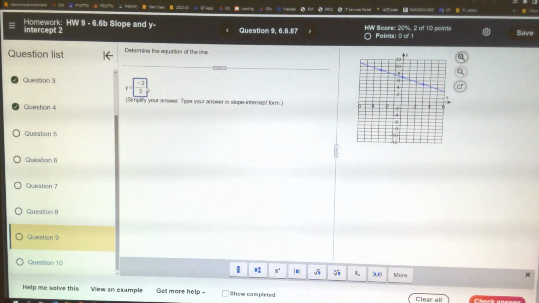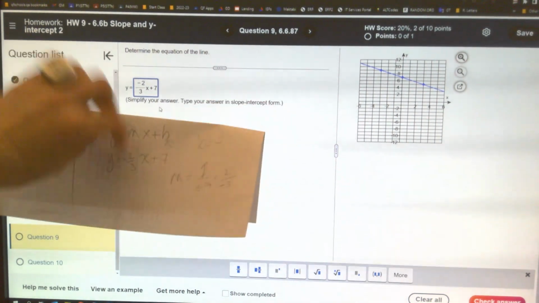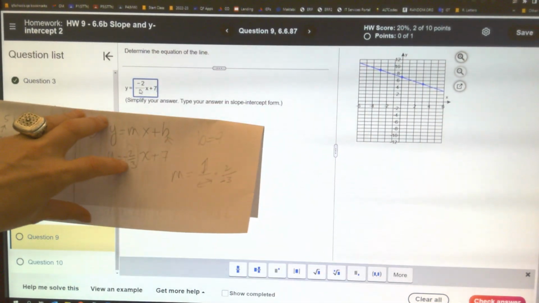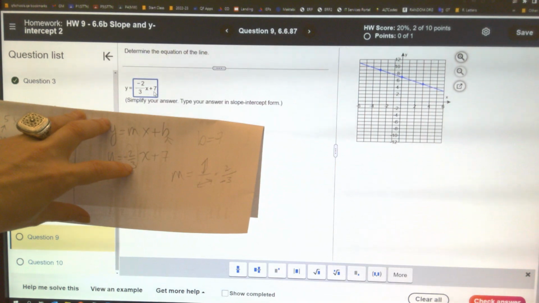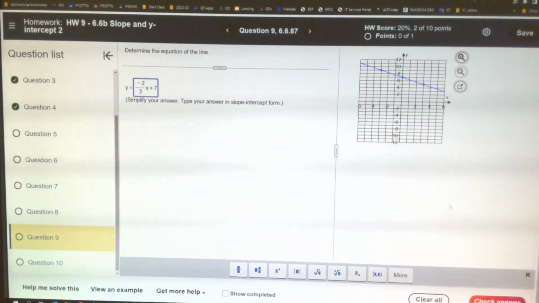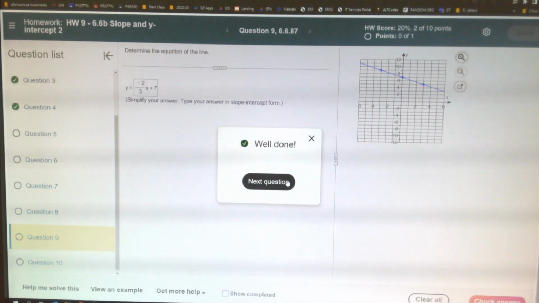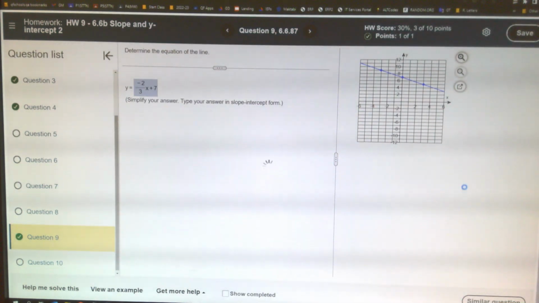Don't forget your x. And then plus 7. So there it is. Y equals negative 2 over 3 x plus 7. If you put the negative in the front, it's okay. If you put the negative with the 3, it's okay. Now let's check answer. Yay! Now we're going to go to question 10.